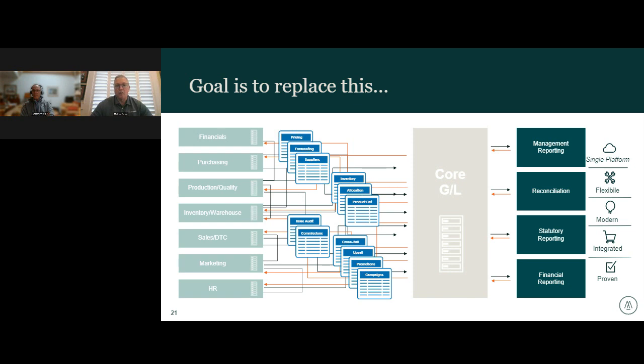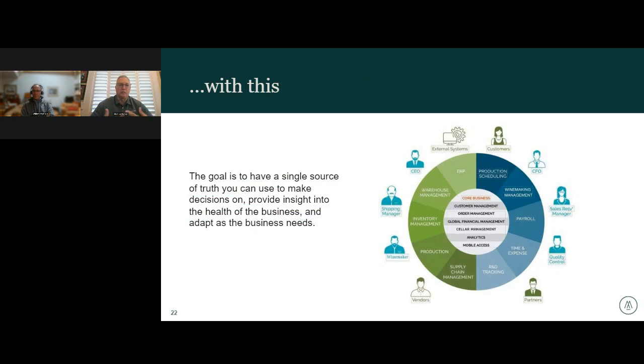So you want to get rid of this Frankenstein architecture and go to a single source of truth. You want everyone to be able to look at their area of the business with the data they need in real time.